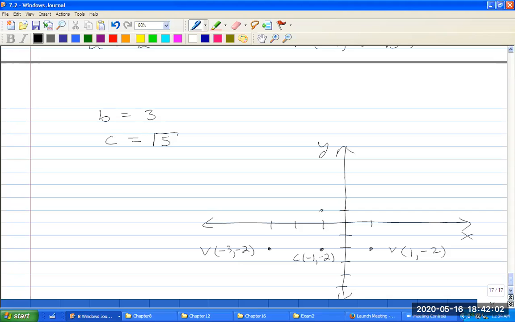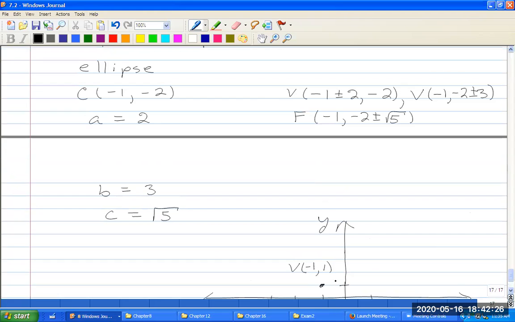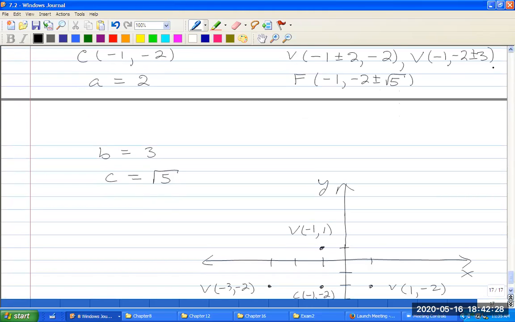Okay, so here and here. So the other vertices are at -1, 1 and at -1, -5, which actually corresponds to that.